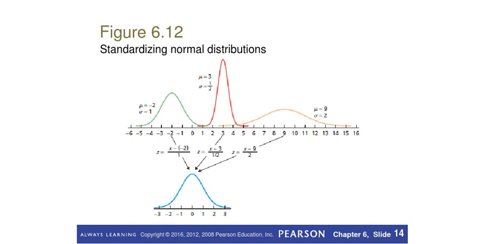But the nice thing is that if we go through and look at the z-scores that we get for the variables, the z-scores would be equal under the standard normal distribution.